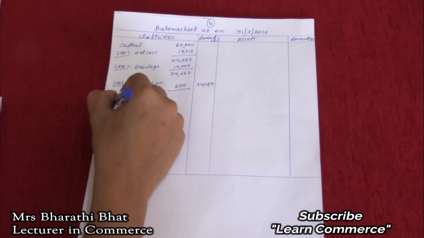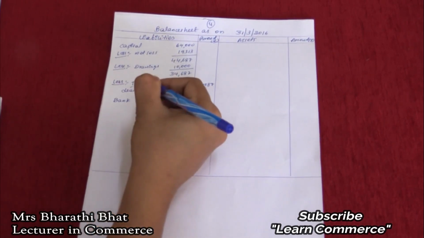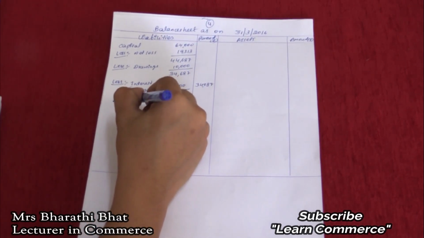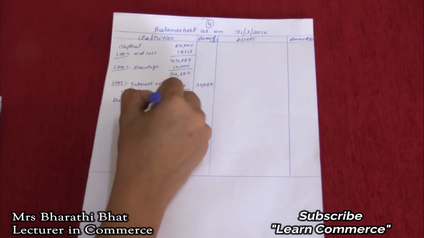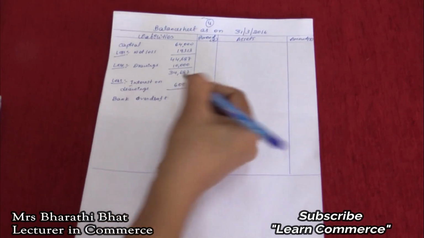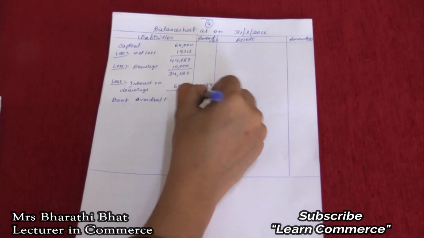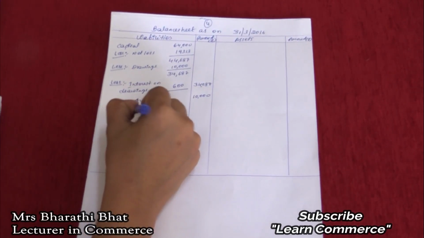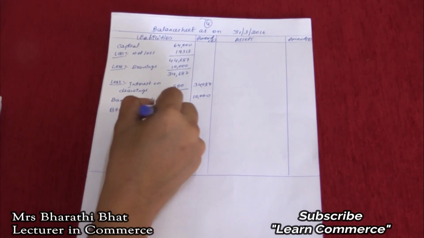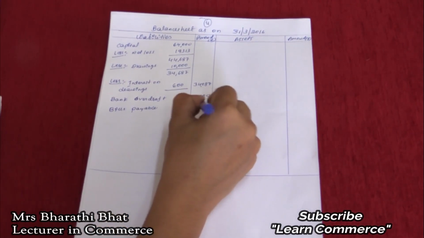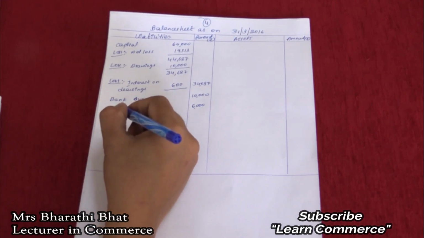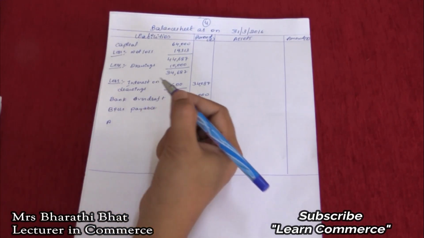Then see the trial balance information, debit balance and credit balance. Bank overdraft, how much? 10,000. Then bills payable 6,000. Next, see the adjustment, apprenticeship premium received in advance.